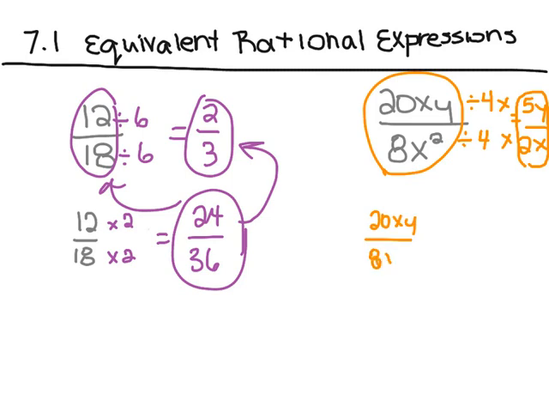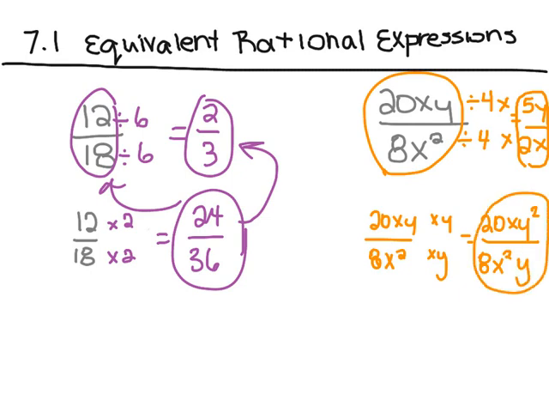If we wanted to multiply by anything, say we wanted to multiply by y, this would turn into 20xy squared, and this would turn into 8x squared y. Let's put a little circle so we know that these are multiplying. So this fraction is equal to this fraction, it's equal to this fraction, they're all equivalent.